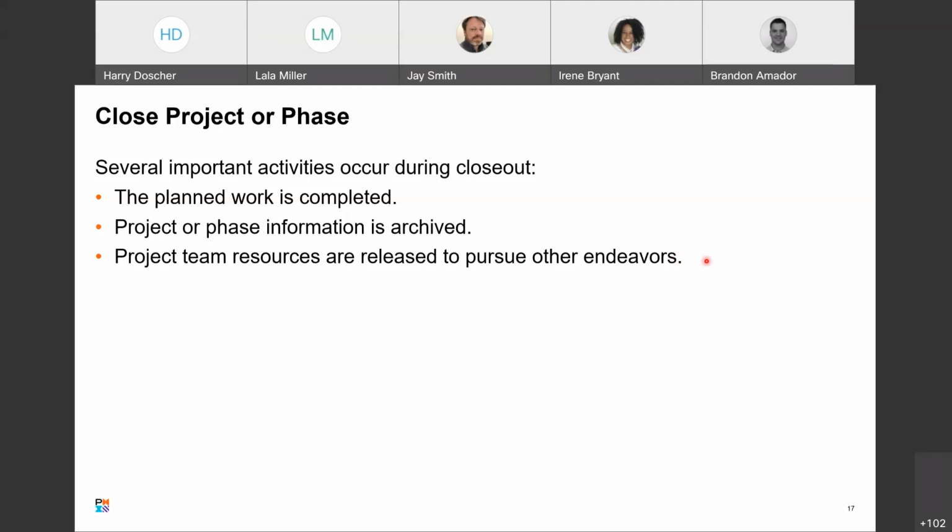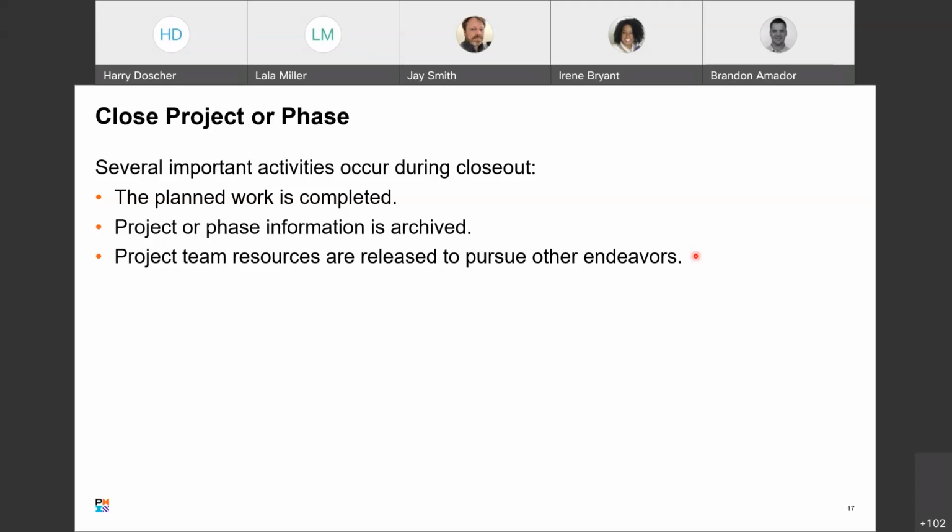One of the downfalls of releasing team resources to work on other things is if you don't keep the teams intact, you lose the synergy that they have established working together. Now, some teams may be dysfunctional, and that's okay.